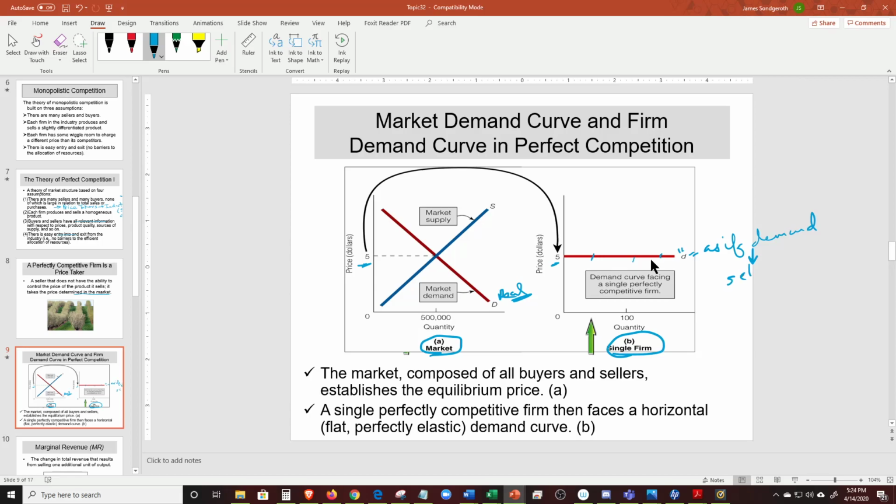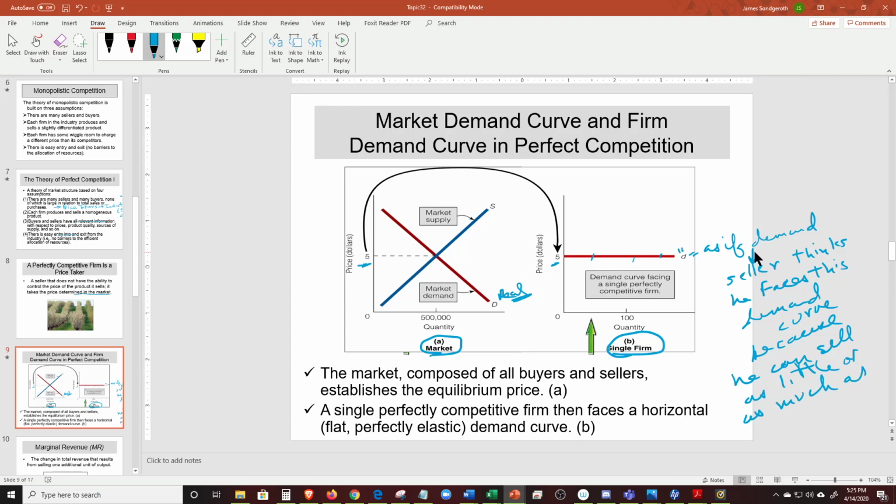the seller thinks he faces this demand curve, because he can sell as little or as much as he wants at the market price.